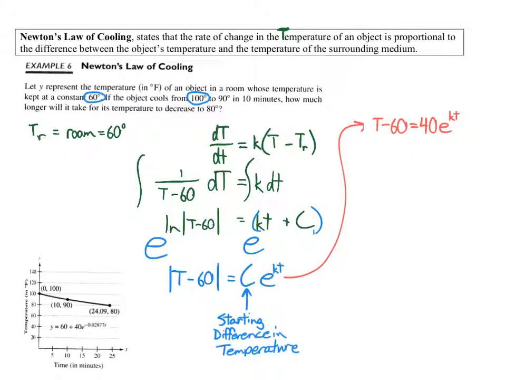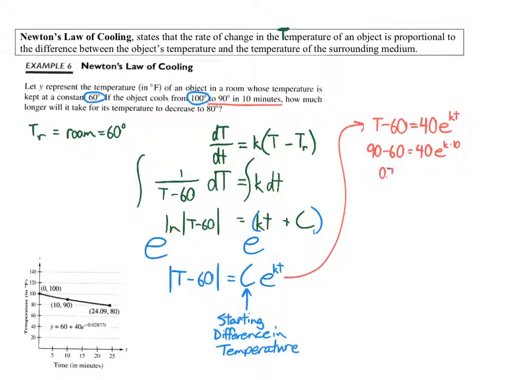And now here is where we can use this other bit of information. It said it went from 100 to 90 in 10 minutes. So they just gave us a point. The temperature is 90 when t equals 10. So 40 e to the k times 10. So now 90 minus 60 is 30, divided by 40.